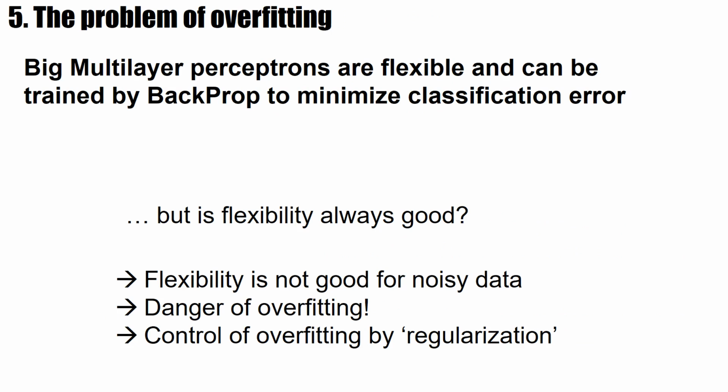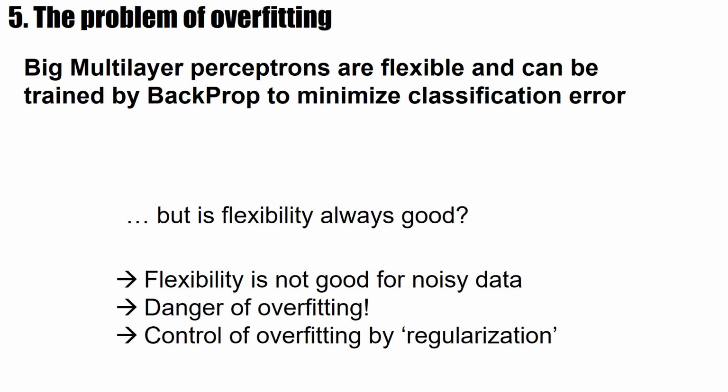And this is the problem of overfitting. We found that deep networks are flexible and can be trained by backprop to minimize classification error. But this flexibility is not good for noisy data, and real data is always noisy.